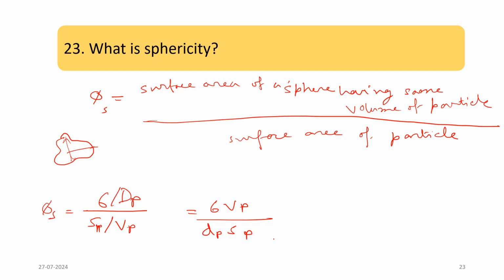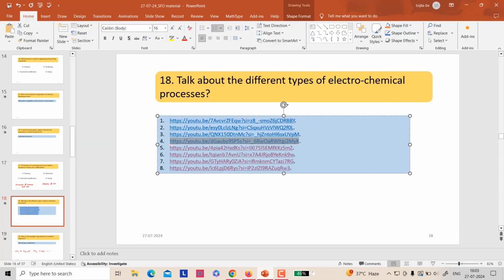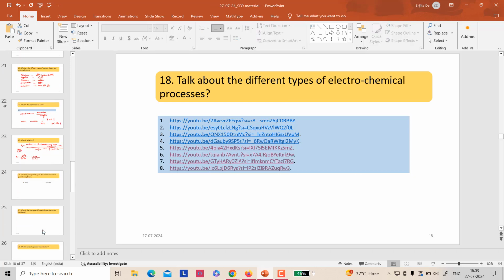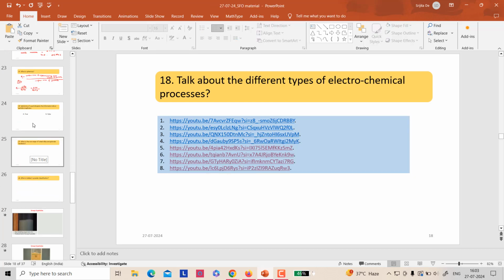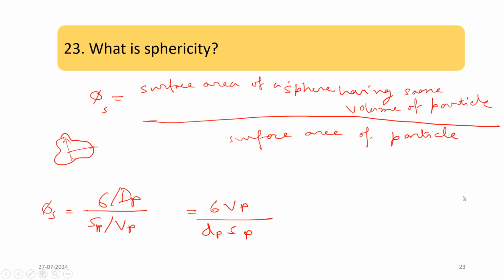Yes, so how is it coming? So let me show you. What does it say? That the particle has the same volume as the sphere. So we know the surface area of a sphere, right?